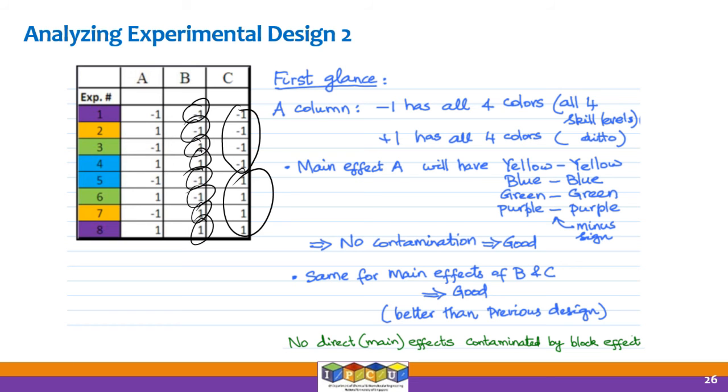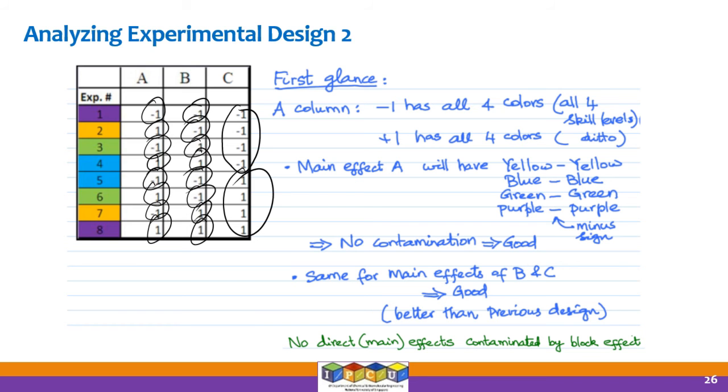So the skill level will not be confounded with factor B as well. Like it was not confounded with factor C, this is also good. Now A was a problem in our first design. Now let's look in the second design at what happens with A. If you take A equal to -1, purple, green, blue, and orange, looks great. And A equal to +1, orange, blue, green, and purple.